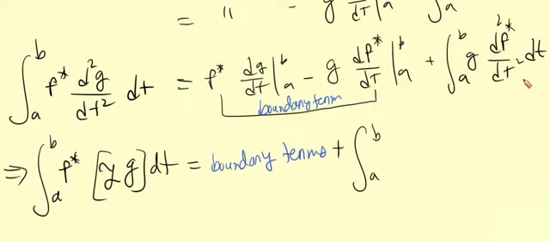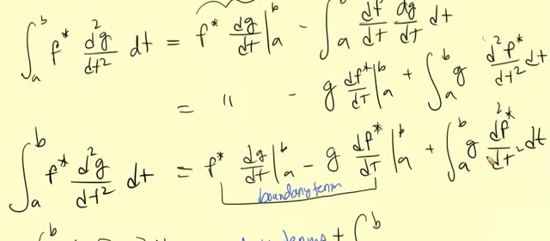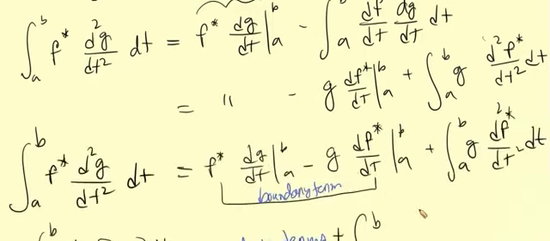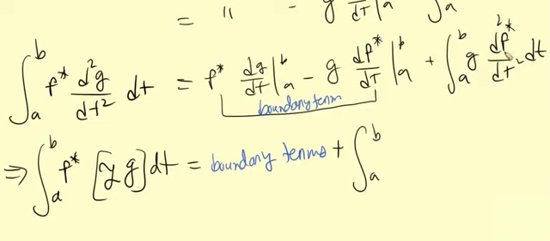And now if you look at it, this is the adjoint, because you see that there is no complex term over here, right? So the adjoint of this thing will be just this thing itself, right? d squared dt squared. And this is acting on what? Our f star, right?